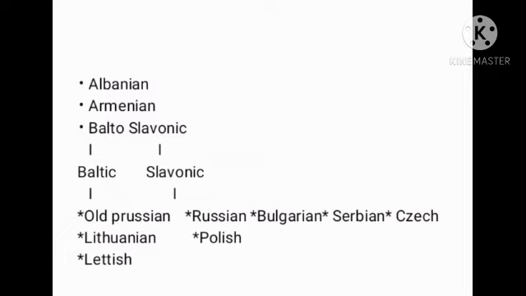Please note, Albanian is a language of ancient Illyria. It is spoken northwest of Greece on the eastern coast of the Adriatic. It is of little importance except to philologists.